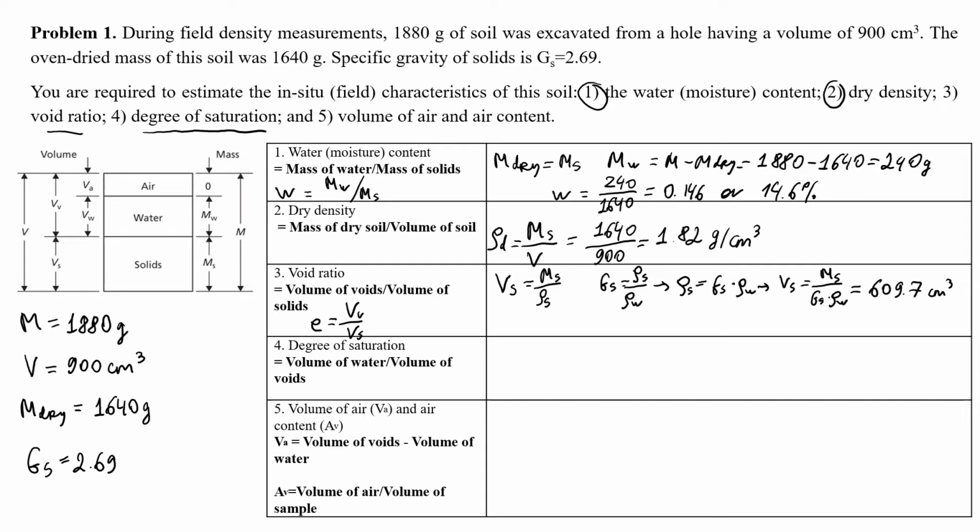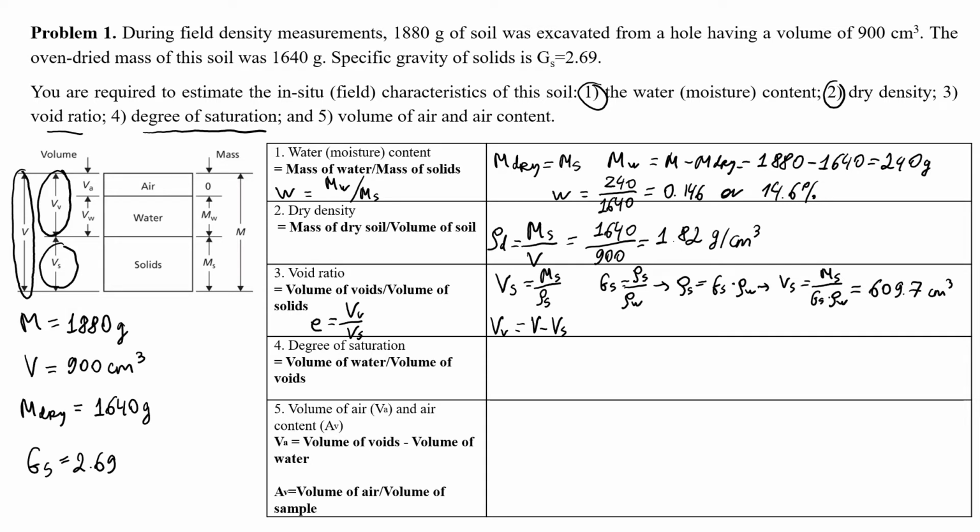Now we're going to use the definition of volume of voids. It's total volume minus volume of solids. So you will see that volume of voids here is the total volume minus this volume of solids.